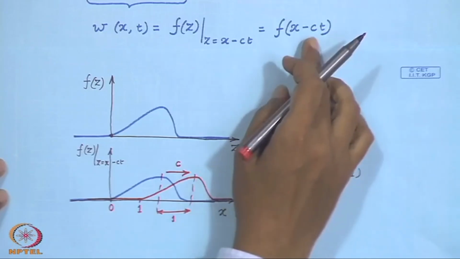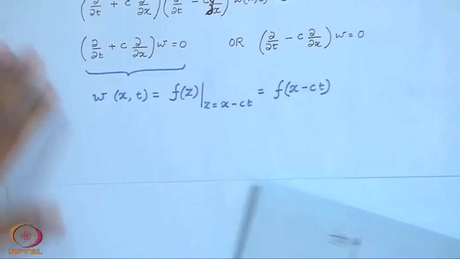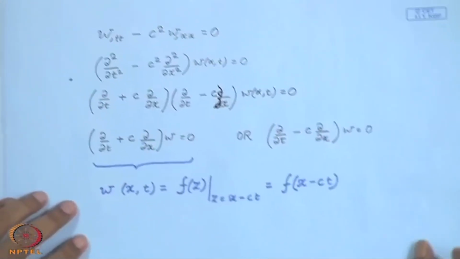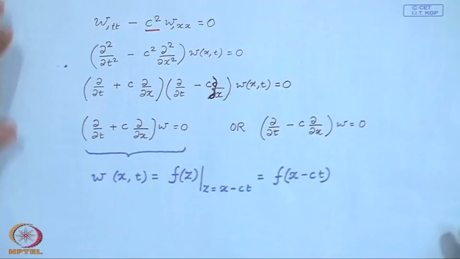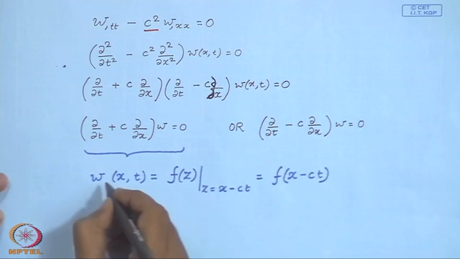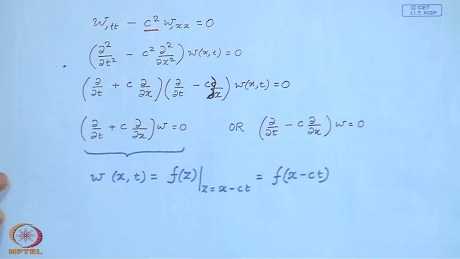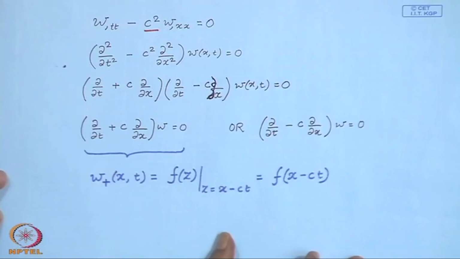So, this is the reason why this same c as in the wave equation is known as the speed of propagation of the wave. So, this is travelling in the positive x direction at a speed c, and that is a solution of this differential equation.